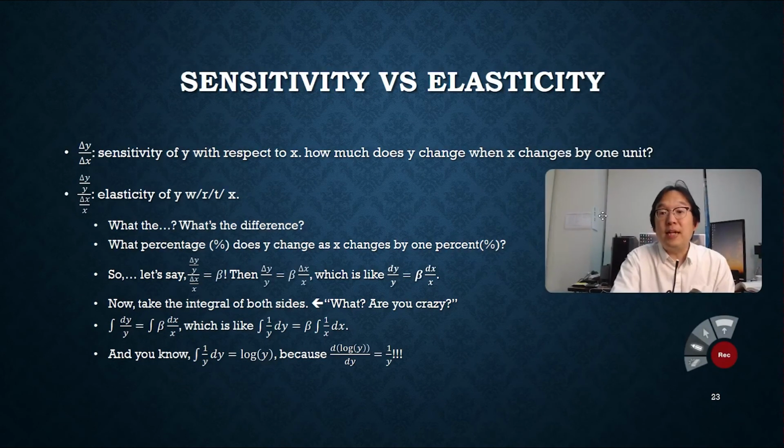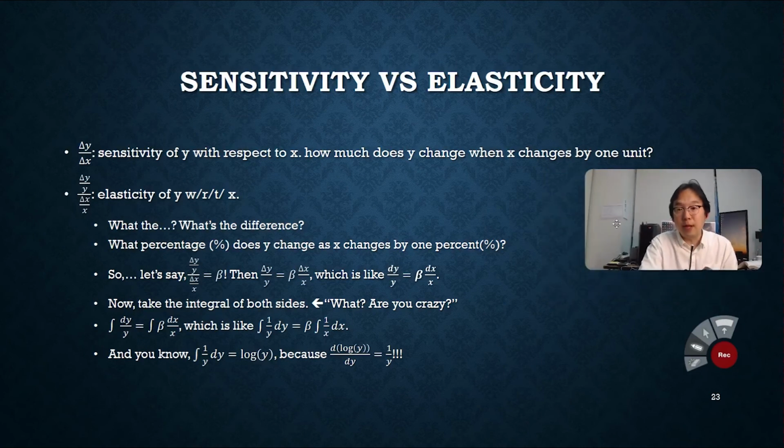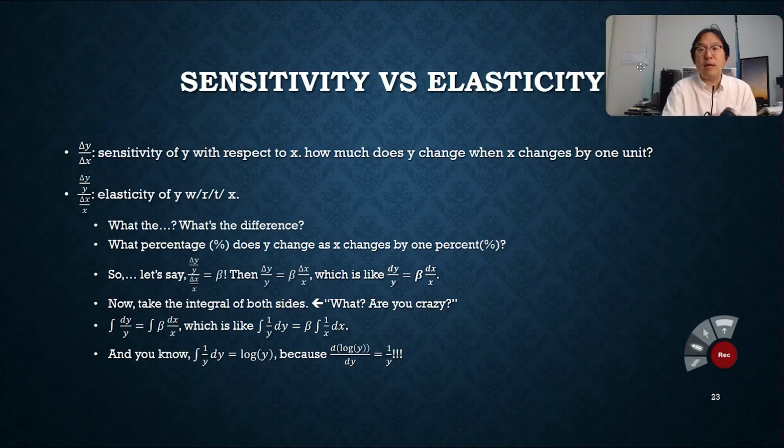Sensitivity versus elasticity is the next thing you have to think about. What was that about? Well, price elasticity in your microeconomics 101, right? Your staple goods, rice, wheat, all these kinds of things. You have to consume it no matter what.